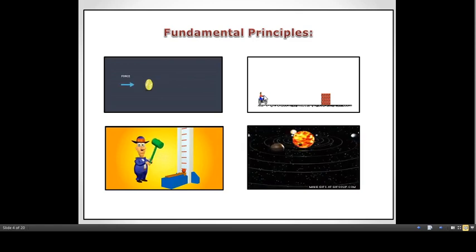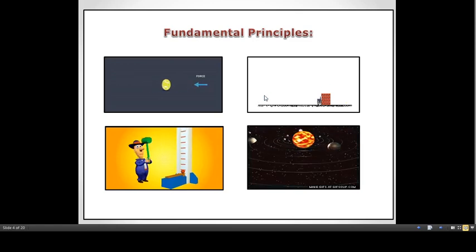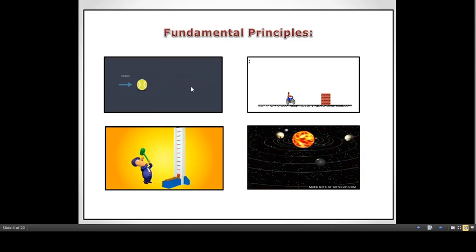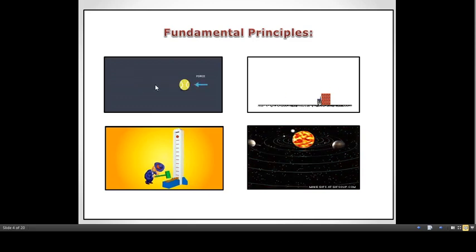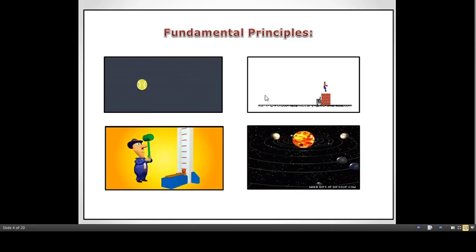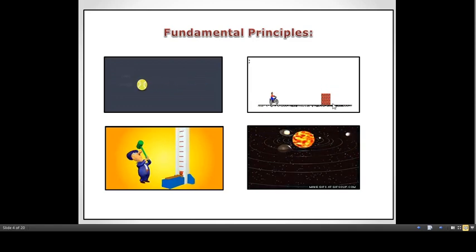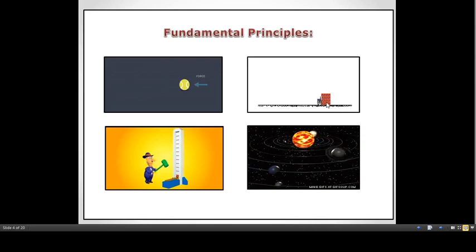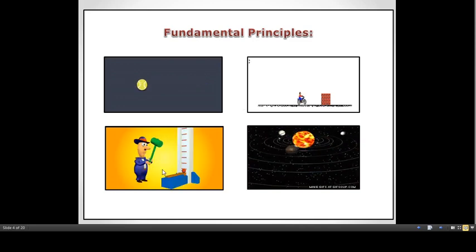Now try to recall that definition once again. Every body will remain in a state of rest or uniform motion unless it is acted upon by some external force. Now see why this rider is falling? Because of an obstacle.